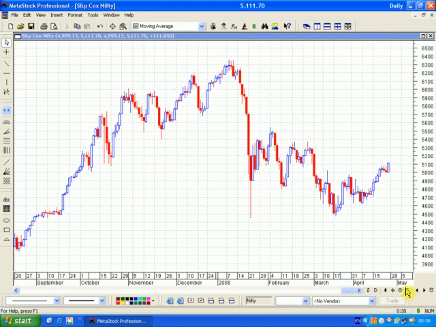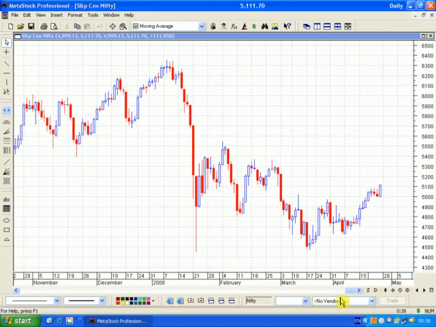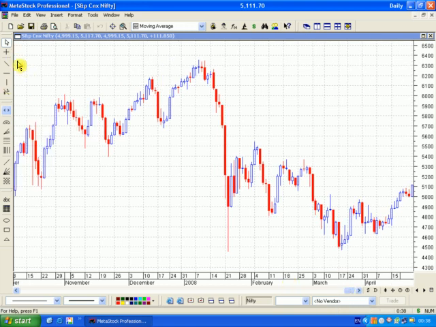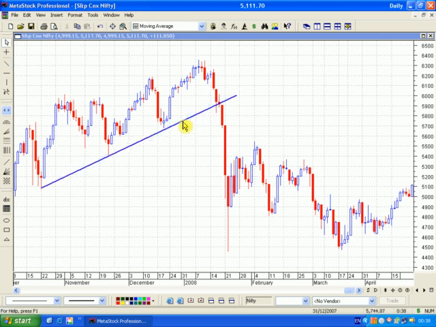Now this is where trend lines come in handy. Let's look at this chart over here. When we draw a trend line by connecting two or more consecutive lows, we get an uptrending trend line. So as soon as the prices go below the trend line, we say that we are now in a downtrend.